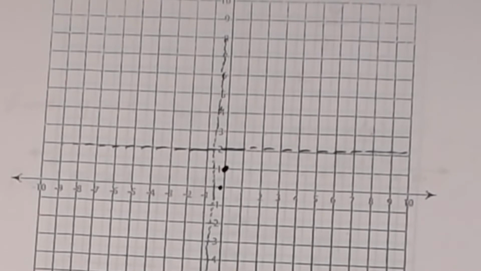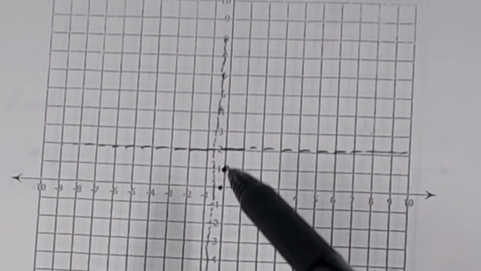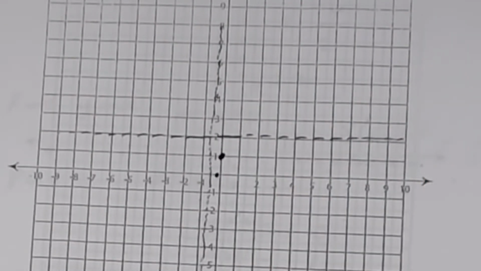You see those asymptotes? So let's talk about asymptotes. Whenever you're graphing rational functions, your graph will never cross the vertical asymptote, never, because that's where it's undefined.